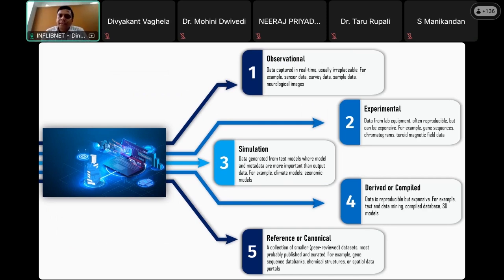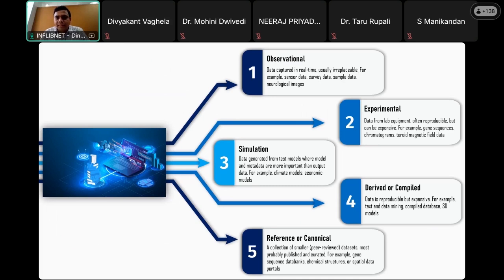Here the data is captured on a real-time basis, like the data coming from different types of sensors, or survey data, or different sample data. Those are based on some observation, either directly or through a device, of what is observed.